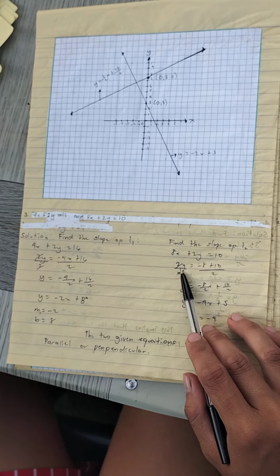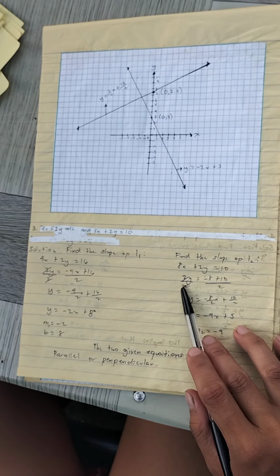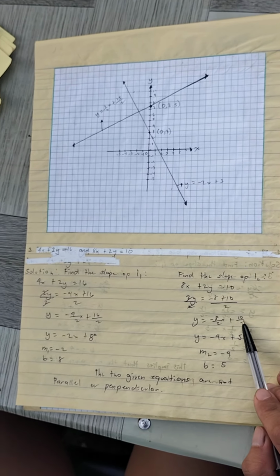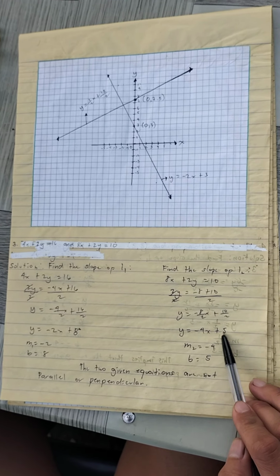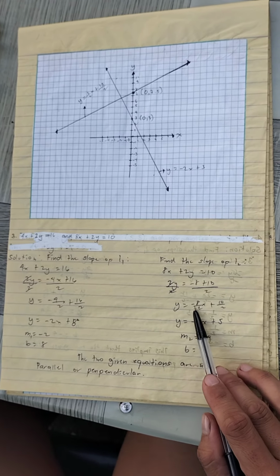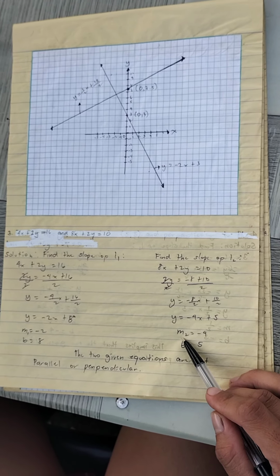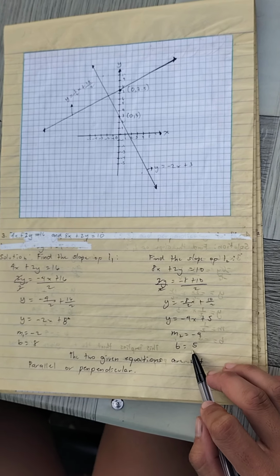So 2y is equal to negative 8x plus 10. Cancel out, we are left with y equals negative 8 over 2x plus 10 over 2. So y is equal to negative 4x plus 5. 10 divided by 2 is equal to 5, and negative 8 divided by 2 is equal to negative 4. Therefore, our slope of the second line is negative 4 and our b is positive 5.